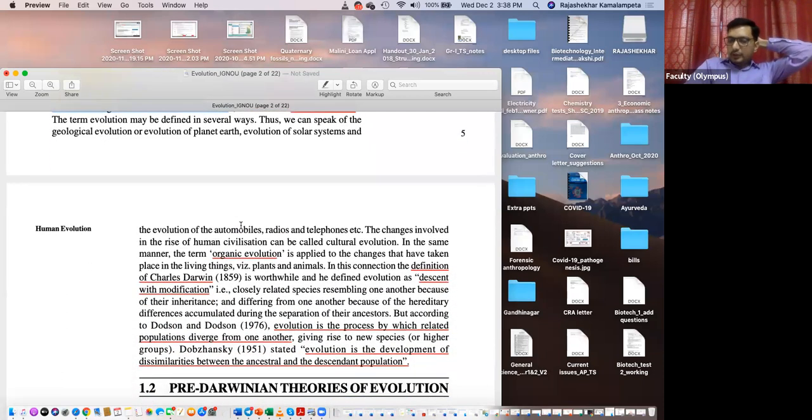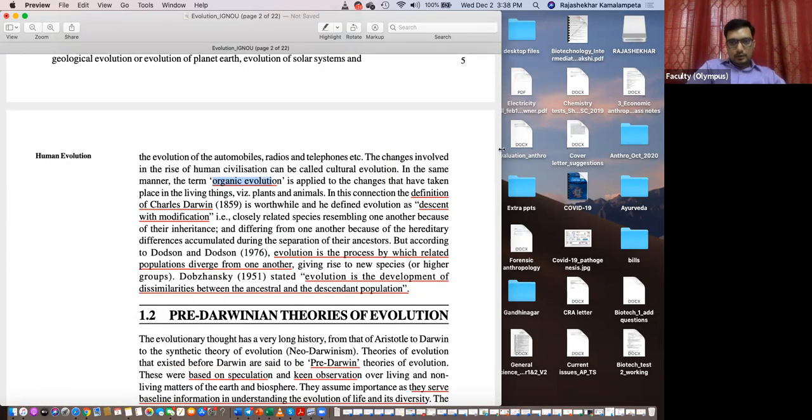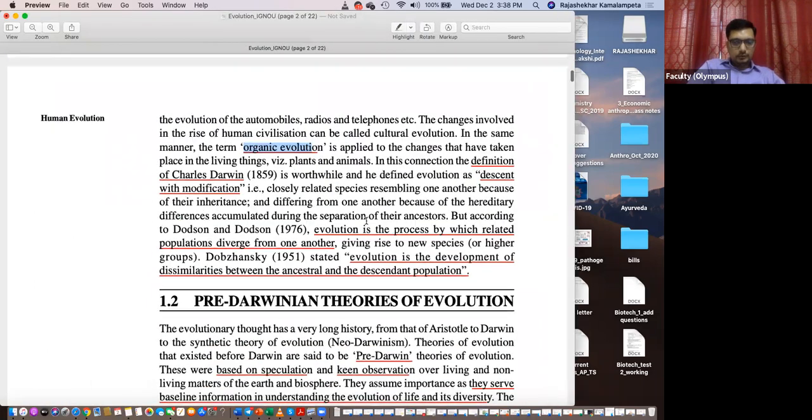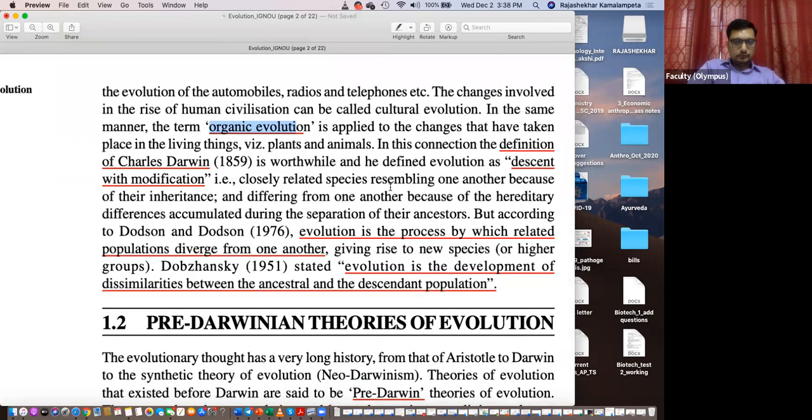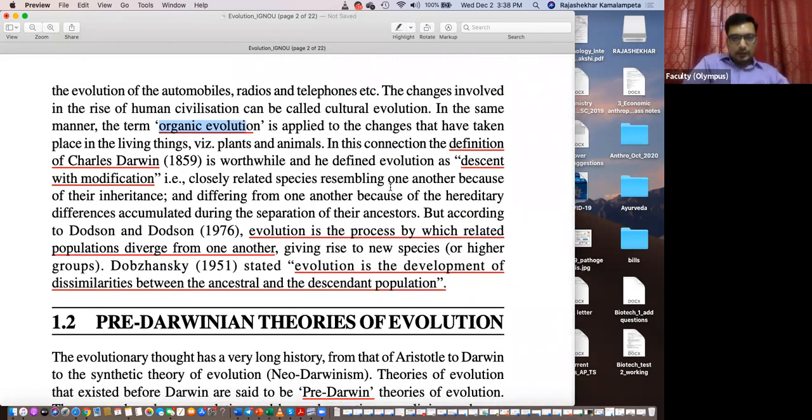Next, sometimes we also hear the term organic evolution. So what is organic? Organic refers to living systems. Anything organic, so carbon, hydrogen, oxygen, right? Hydrocarbons, we talk about this in organic chemistry. Hydrocarbons, carbon, hydrogen, and mostly these two, plus oxygen, sulfur, phosphorus.